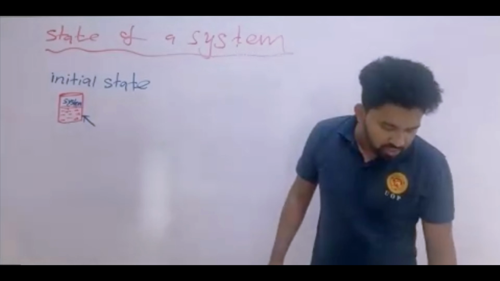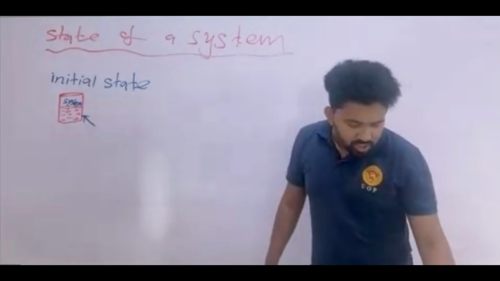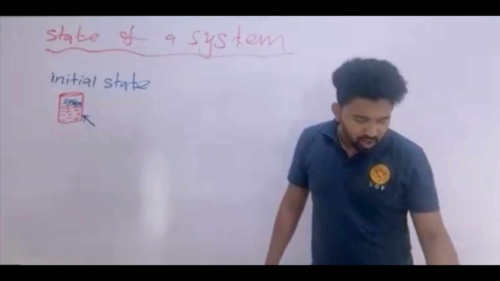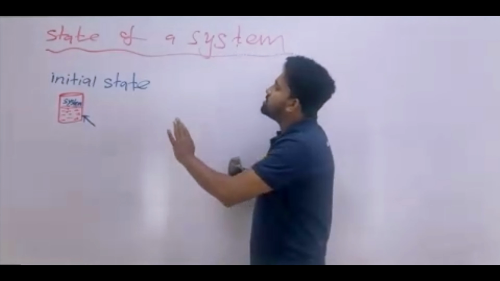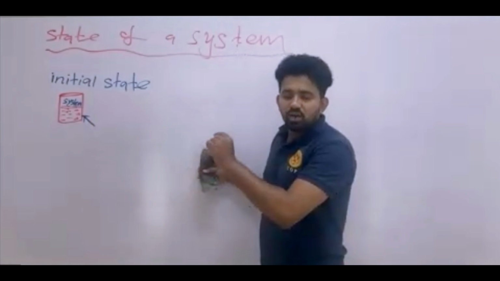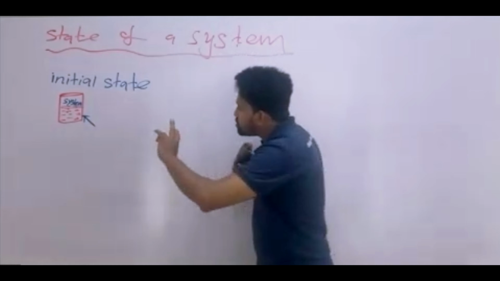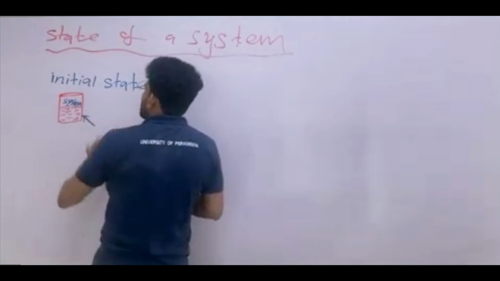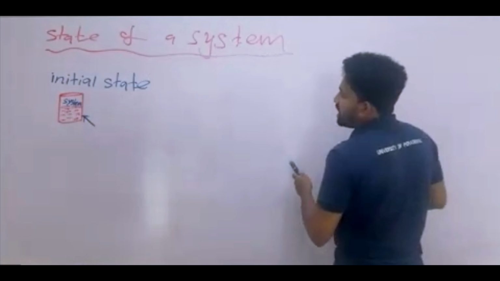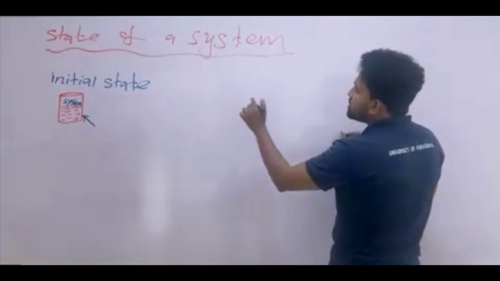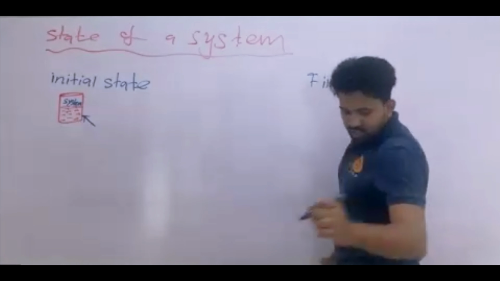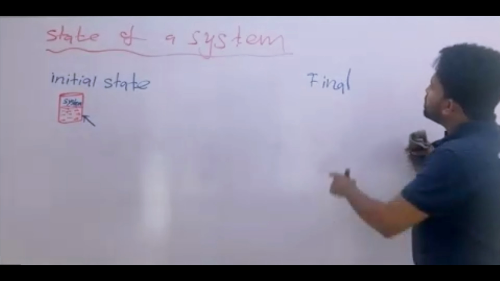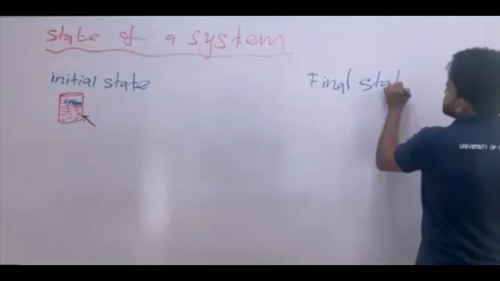Right? So I have given certain things, initial and final state. The initial state is how the system was before any changes or interactions with the surrounding. And then there can be a final state.